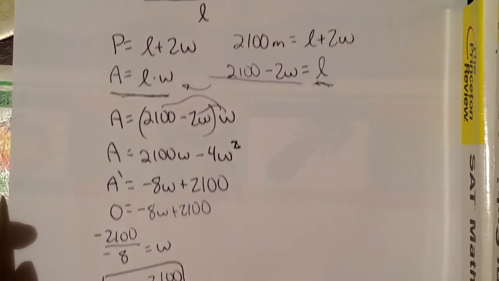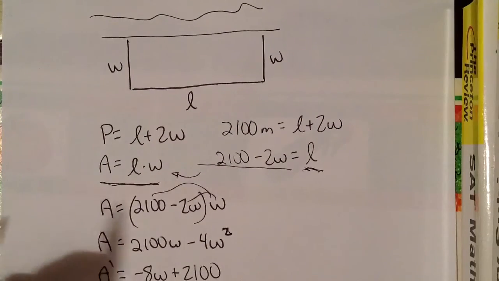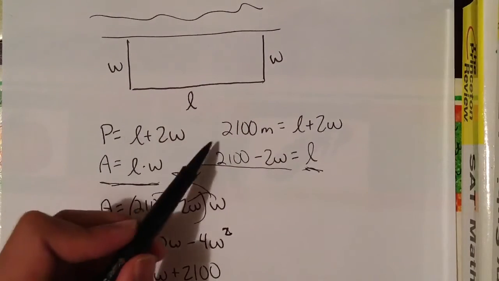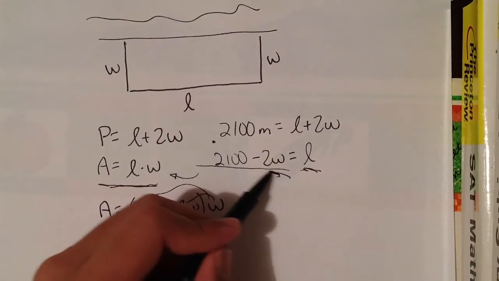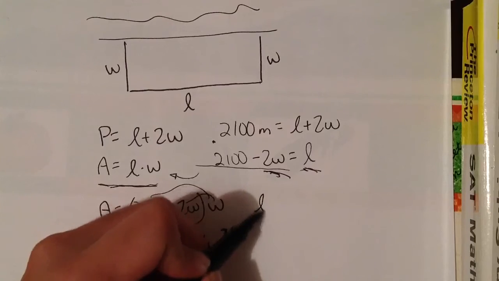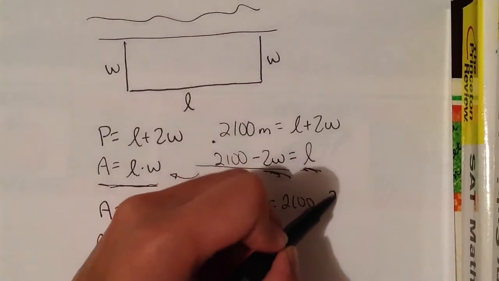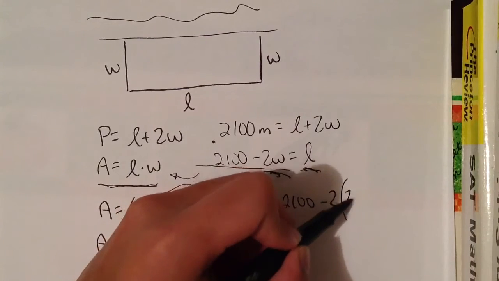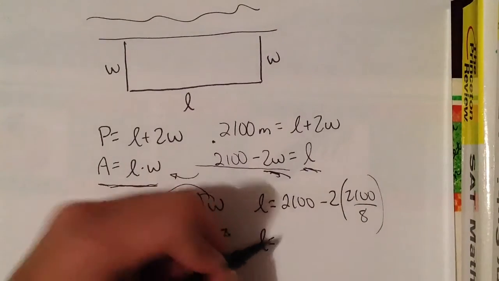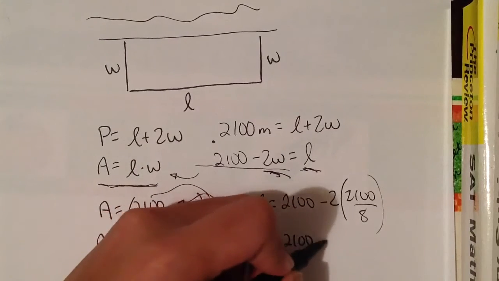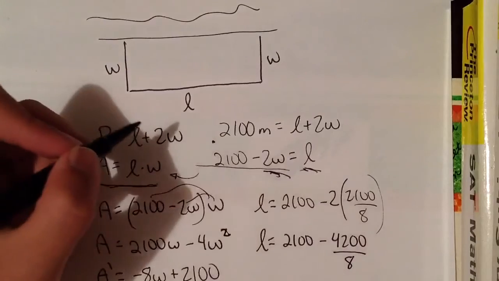Now we have to find the length. So all we do is just go back to this equation. Sorry, this one is easier. The length is just 2100 minus 2 times W, which was 2100 over 8. So length equals 2100 minus 4200 over 8.